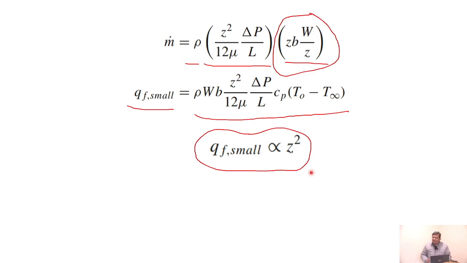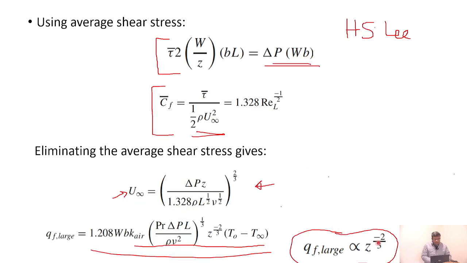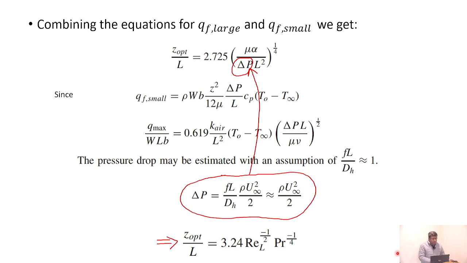So here also it's z squared. But for natural convection, for large spacing, the heat transfer went with 1 over z. Here it's a little different. Here it's 1 over z to the power 2 by 3. Okay, but same approach.